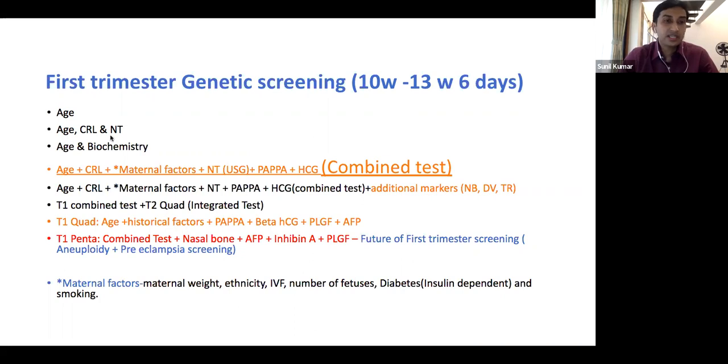If you add CRL and NT, then the detection rate is different. If you add biochemistry and maternal age, then the detection is different. These tests can be done in various combinations, which I am going to explain in future slides, and I'm also going to simplify exactly when these tests have to be done.